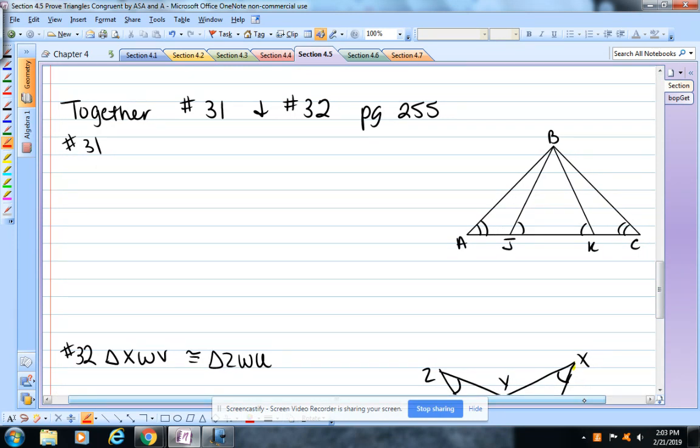We're going to do two together, okay? So I have already tried to draw the picture. And we want to prove number 31. It says write a two-column proof. That means we need statements and reasons, right?